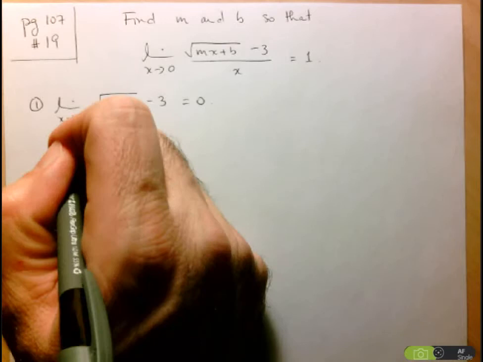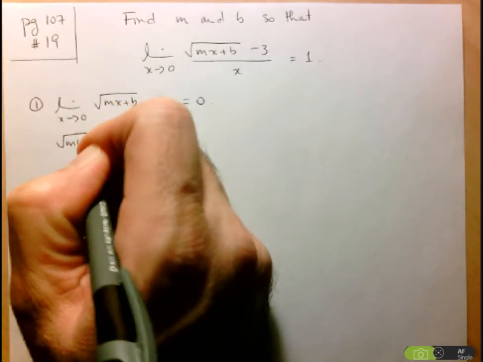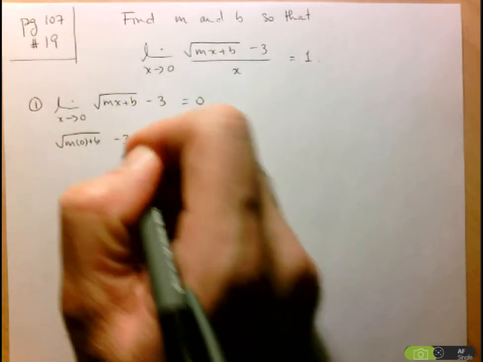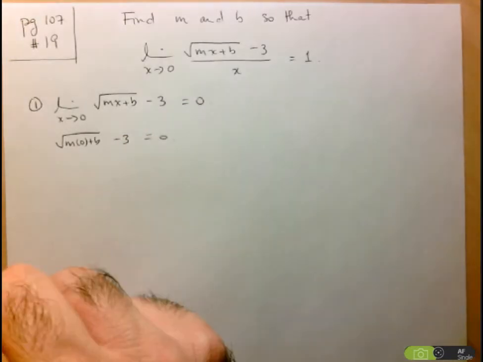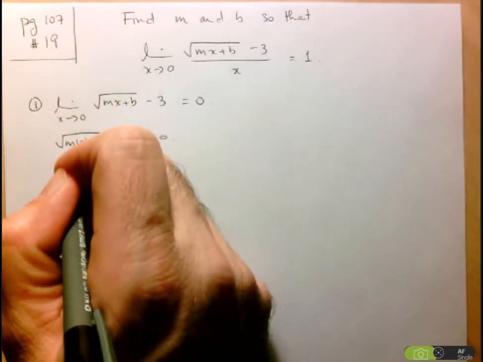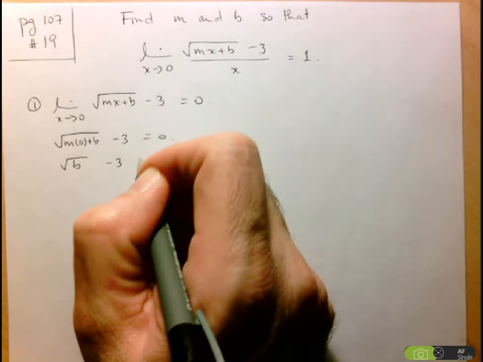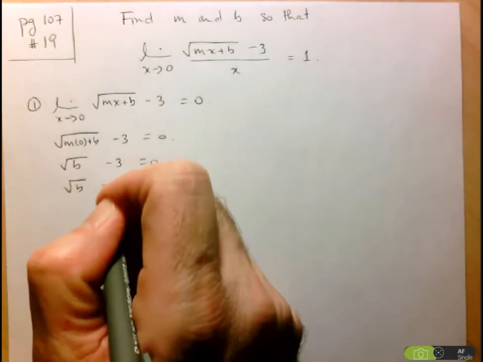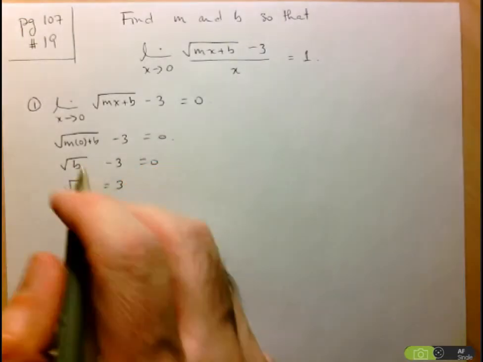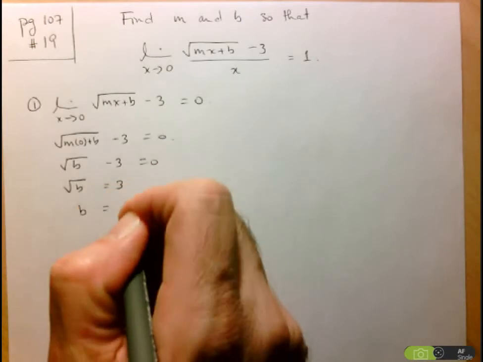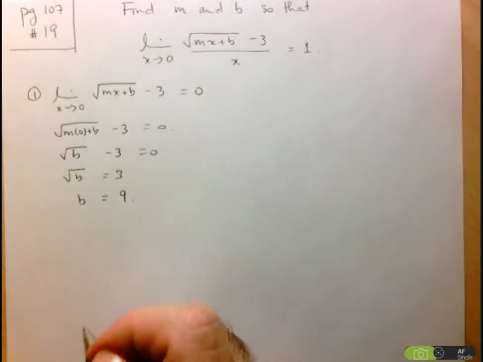So we're left with root of m times 0 plus b, minus 3, and we know this needs to be equal to 0, so now we've got root b minus 3 equals 0, so root b is equal to 3, and if I square both sides, I get that b must be equal to 9.